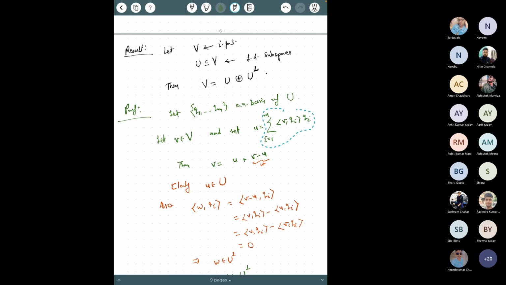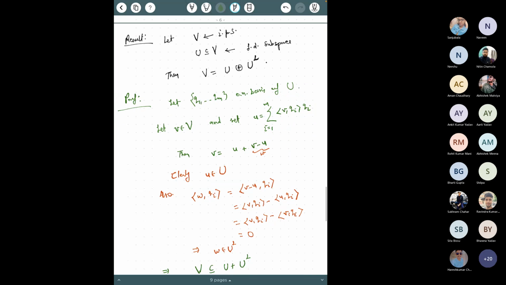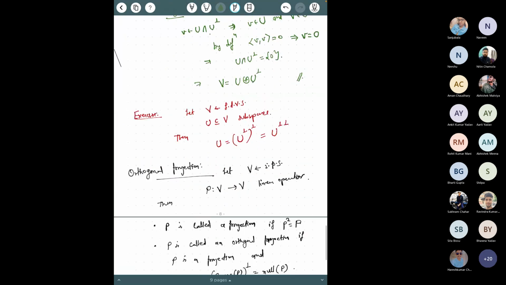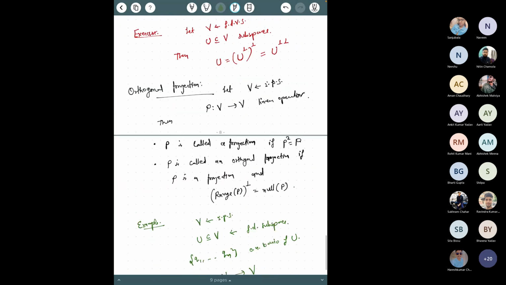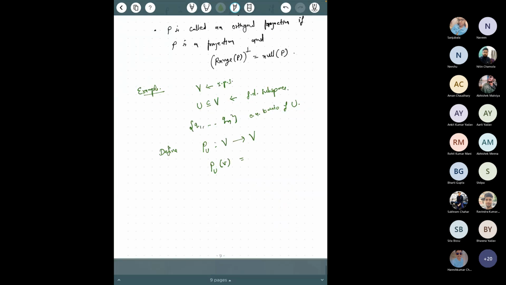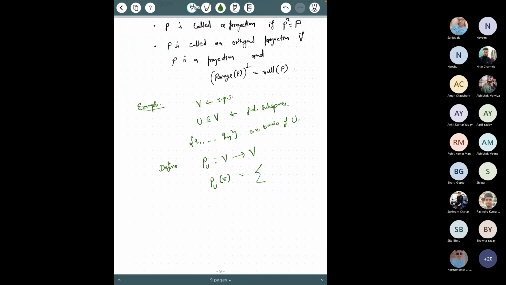Basically, u is the orthogonal projection of v in the direction of the basis vectors of U. So you can define the map by sending this vector v to the sum of <v, q_i> q_i, for i equal to 1 to n. You can verify that this map is well defined.